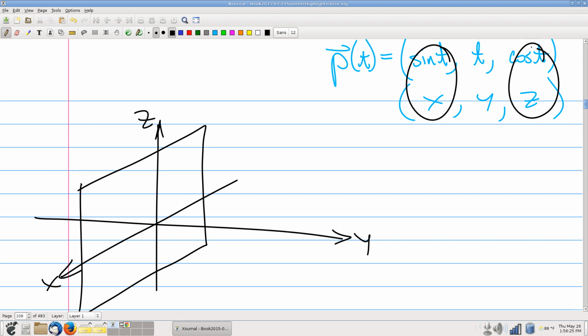Right? And z is the one that is cosine, so when t is equal to 0, z is equal to 1, and x is equal to 0, so I'm there. And then as t increases, x increases, and z slowly starts to decrease, and it's not hard to persuade yourself of that.